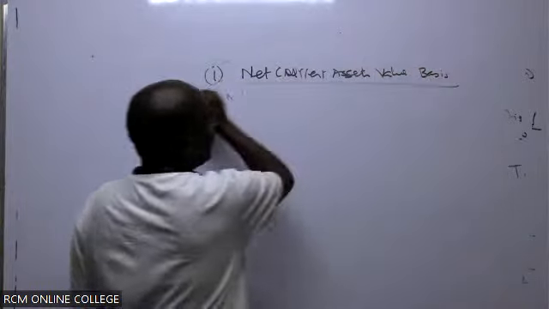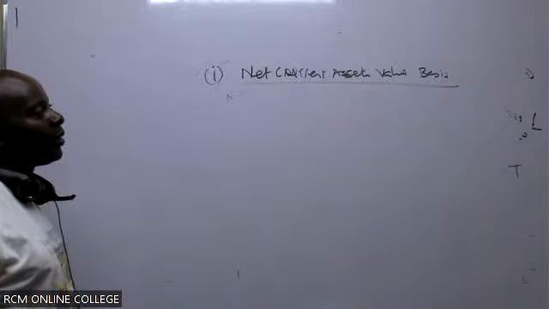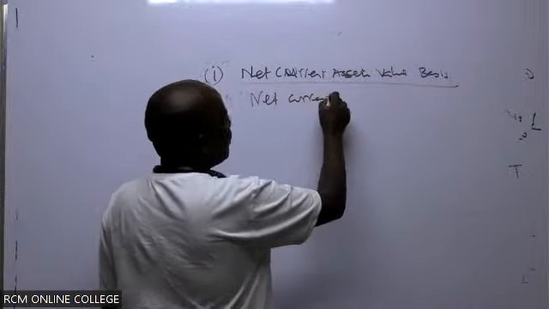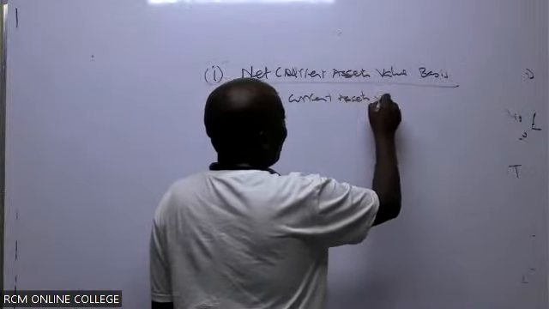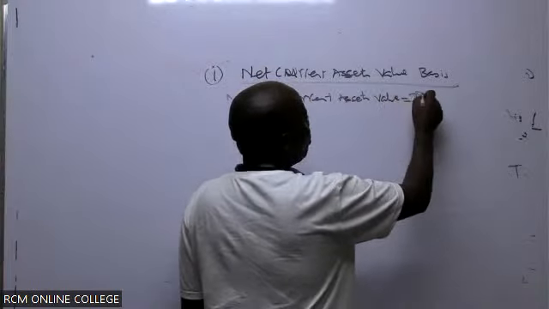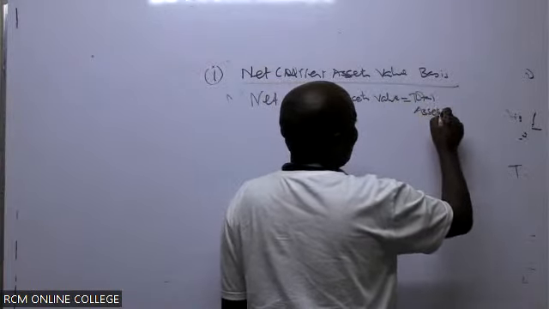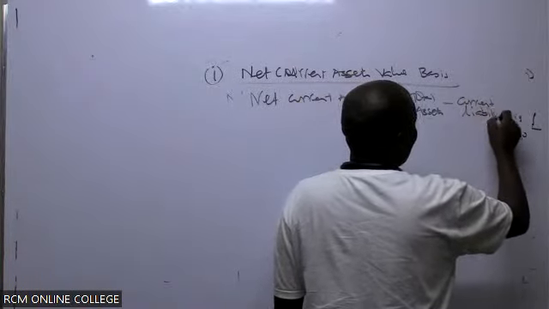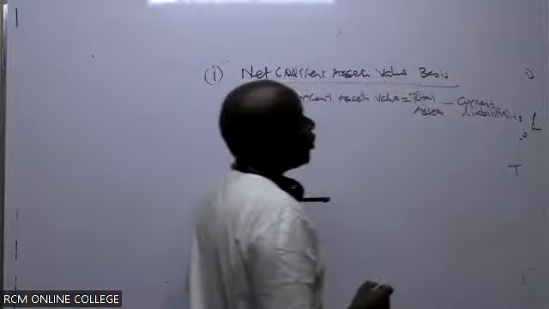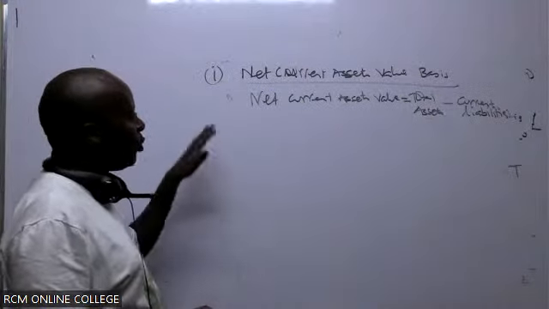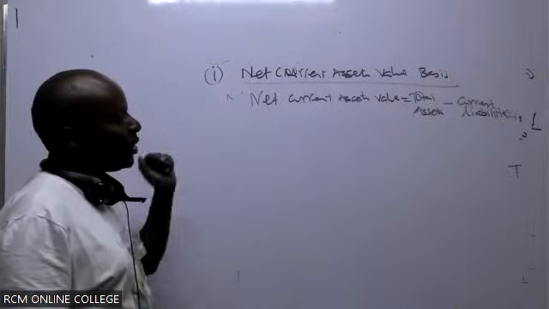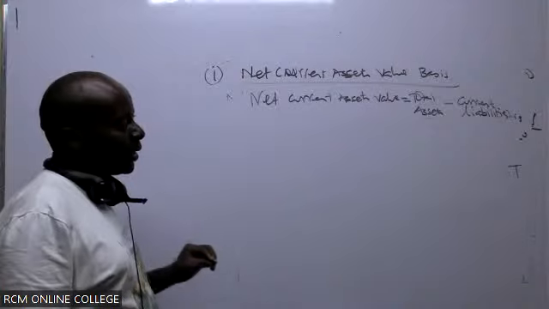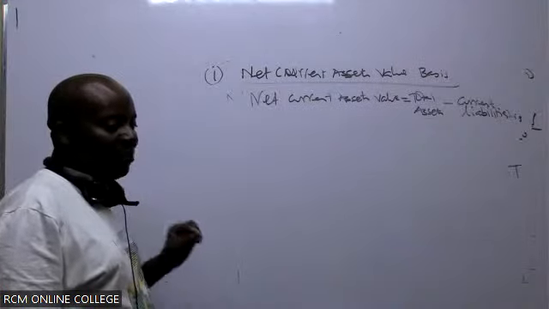It is this net current assets value, where we take total assets minus current liabilities. So if I were you, I'll do it using the two methods and write this way: net current assets value will be total assets minus current liabilities.